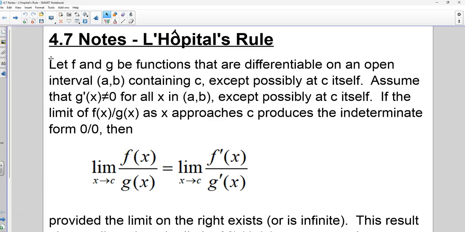So, Unit 4 is on applications of differentiation. So I think this is just like an application. It's not directly related really to anything else in Unit 4. Like, it's not really related to related rates or rates of change in functions that we've been looking at. It is kind of thrown in here.